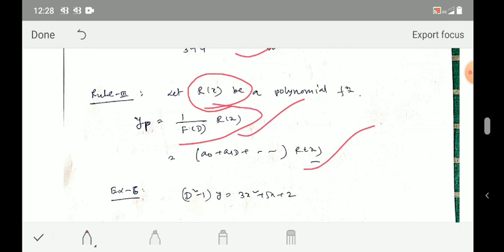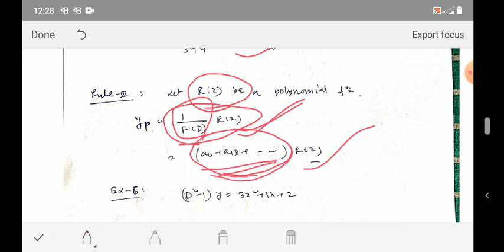If y_p equal to 1 by f(D) R(x), then we write 1 by f(D) in this form. How can we write 1 by f(D) in this form? I am discussing with some examples actually.